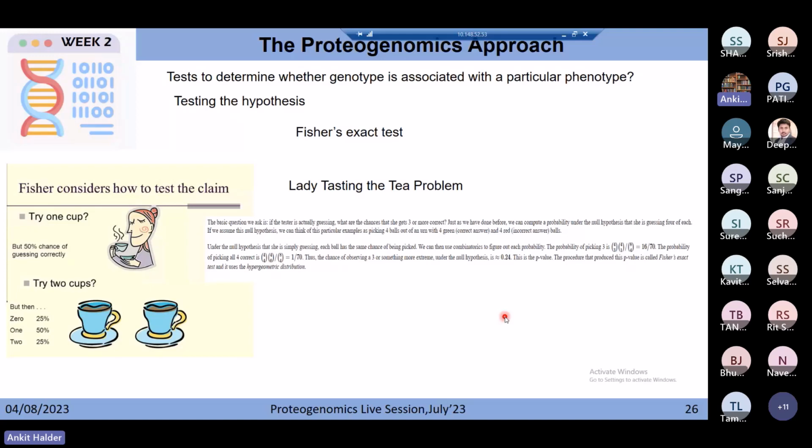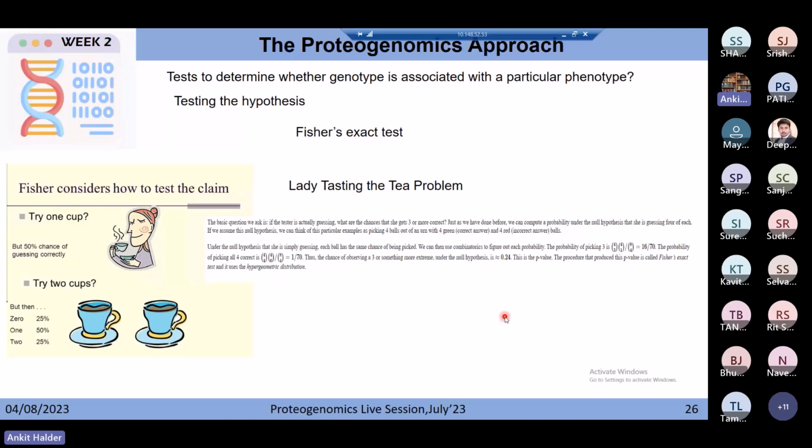Then we form our hypothesis based on it: the null hypothesis and the alternative hypothesis, that there is no association or there is association. This is how we test the hypothesis.